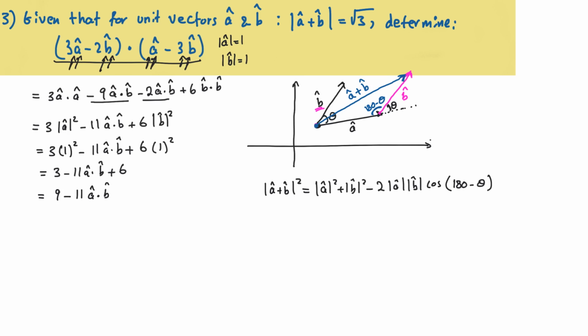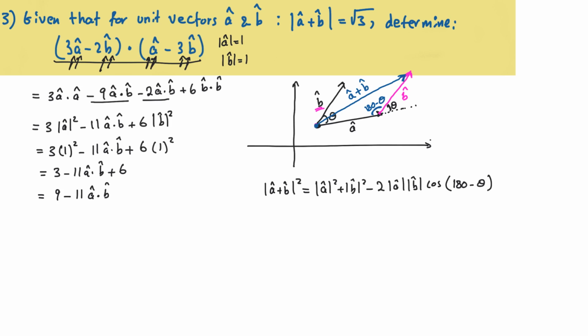And this is good now. We're kind of getting a link between this and this. We know that the dot product of A and B is equal to the magnitude of A times the magnitude of B times the cosine of the angle between them. So just theta, but we have 180 minus theta.